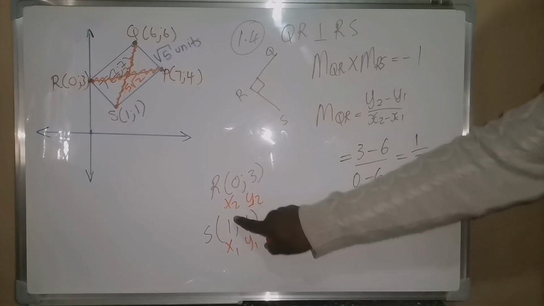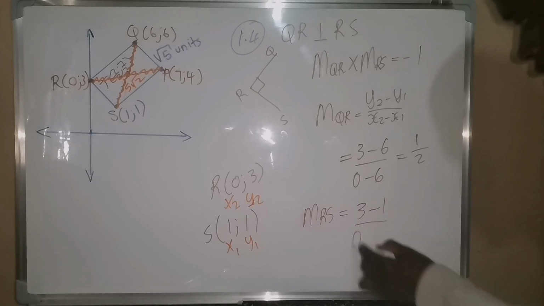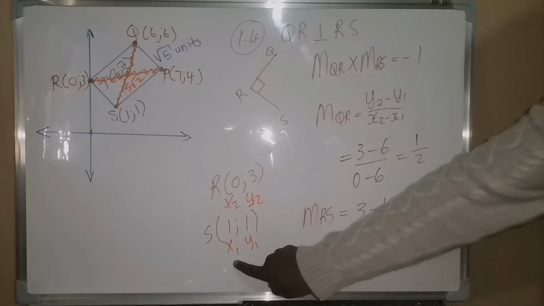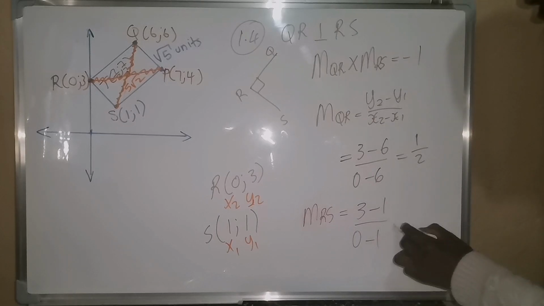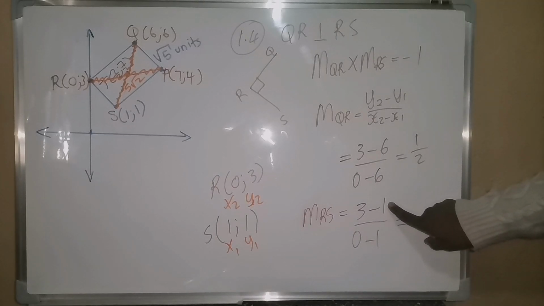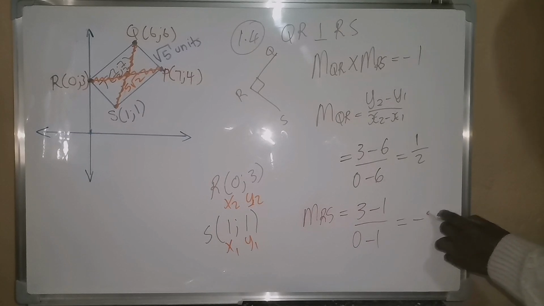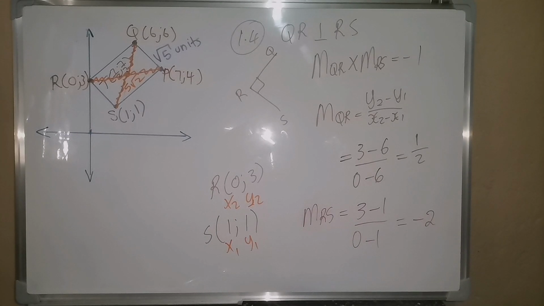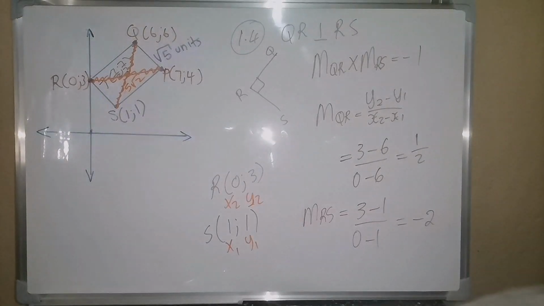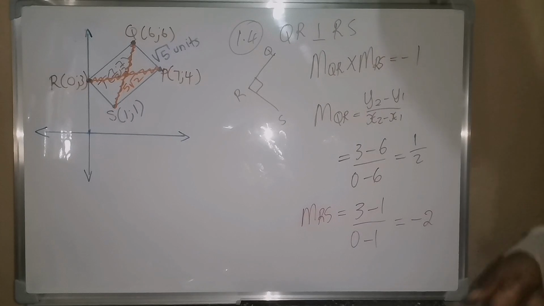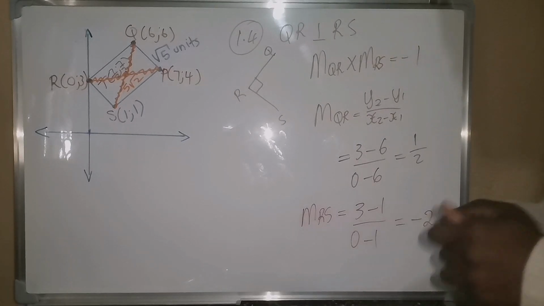X2 is 0. Then x1 is 1. Our answer is 3 minus 1, which is 2, over 0 minus 1, which is -1, so -2. This is the gradient for line RS.